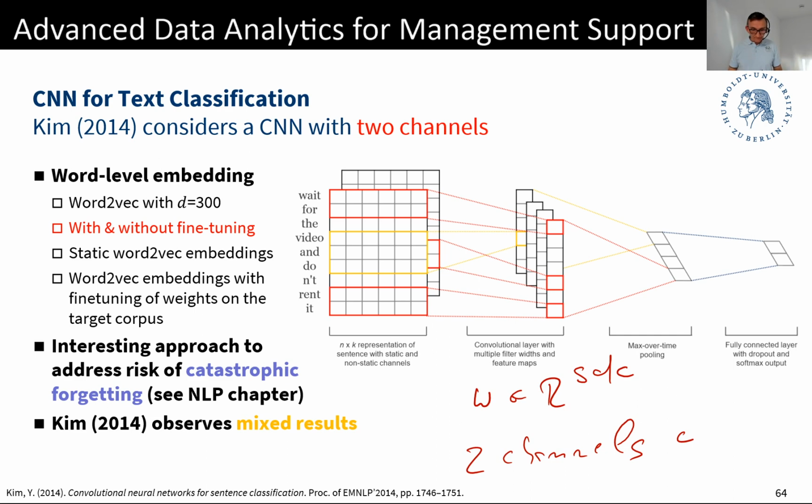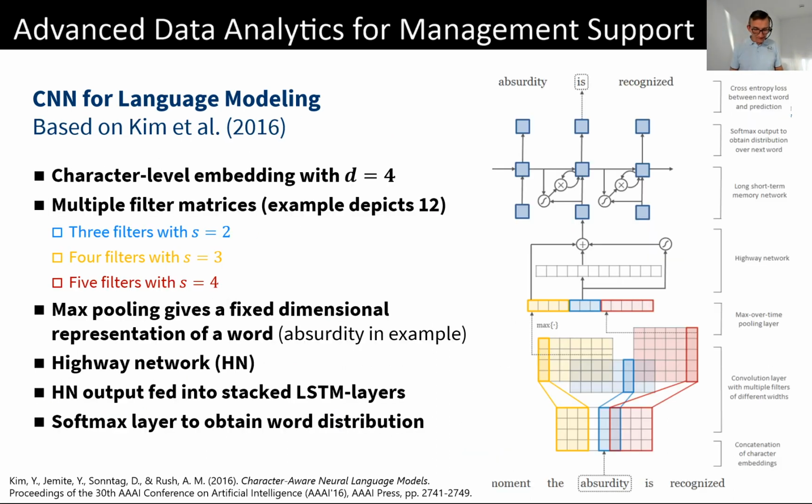So these papers are some that you want to read. There is a later paper co-authored by Kim as well with some colleagues, but he's the main author here, where he was proposing an architecture for language modeling. Interesting.